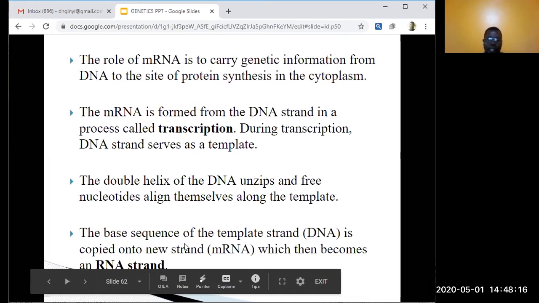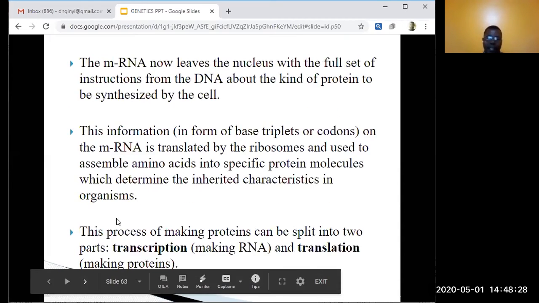The base sequence of the template strand, that is DNA, is copied onto the new strand of messenger RNA, which then becomes an RNA strand. Maybe we can look at the next slide. I think what we have in this particular slide is basically what I have just described.